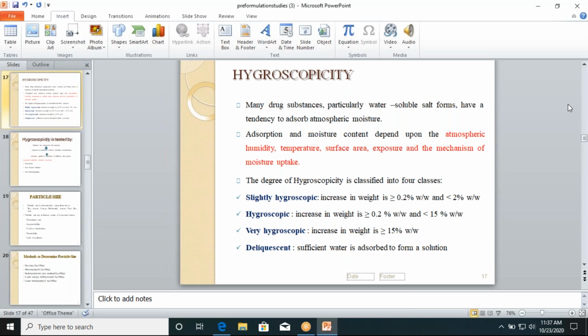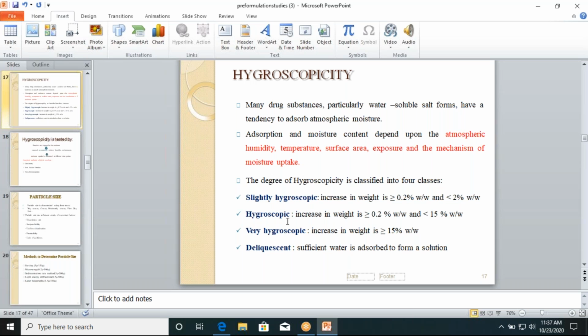So how will you explain the degree of hygroscopicity? When there is an increase in weight between 0.2% weight by weight to less than 2% weight by weight, it is called slightly hygroscopic.